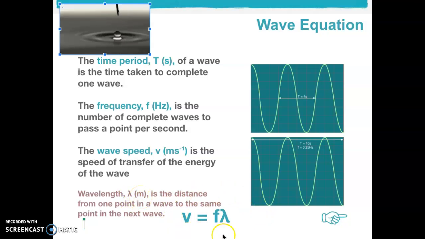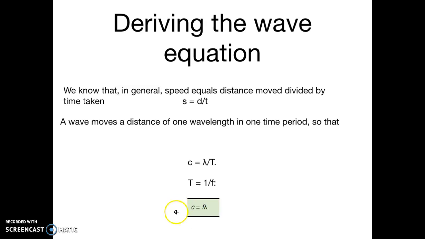This is a really super important equation, but easy to derive. Because if we think about it, speed equals distance divided by time. We're using that formula because we're talking about acceleration equals 0, constant motion. If speed equals distance over time, well, what distance are we considering? Well, let's consider a distance of 1 wavelength.